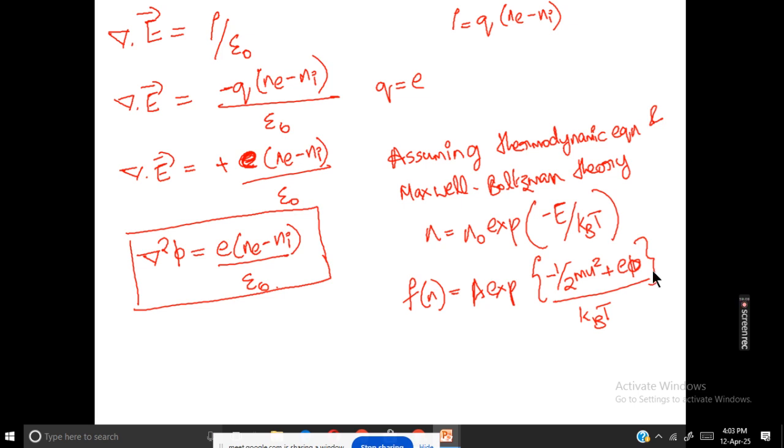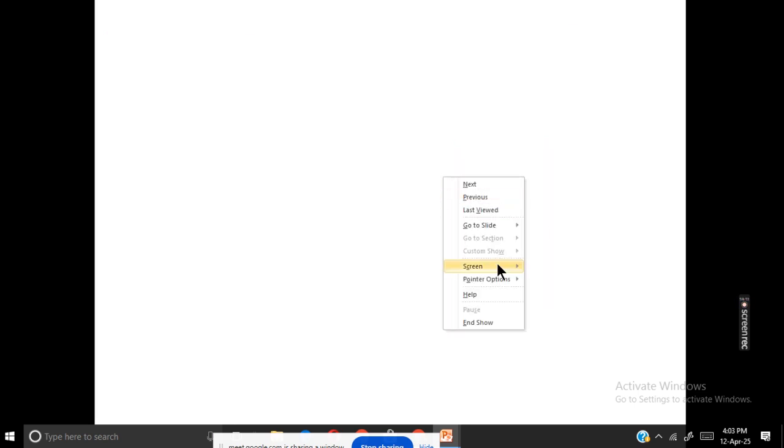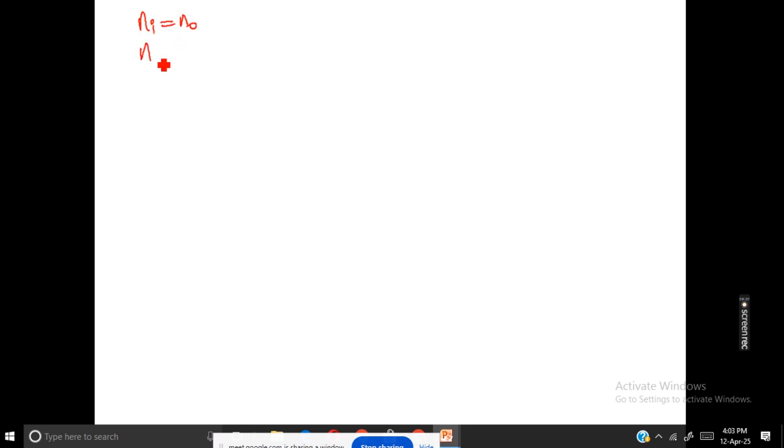The detailed derivation is there in your detailed class. I'm not going into detail. So the number of ions Ni will be equal to N0 itself, since we are considering it as background. Since here the velocity is small, we are considering that the ions are at rest. Ni will be N0, and Ne will become N0 into exponential of minus e phi by kB T.